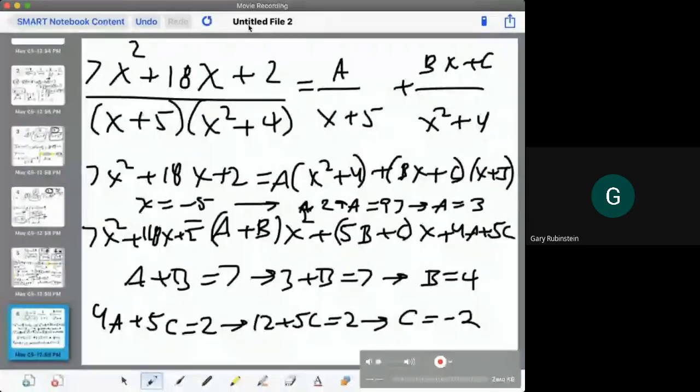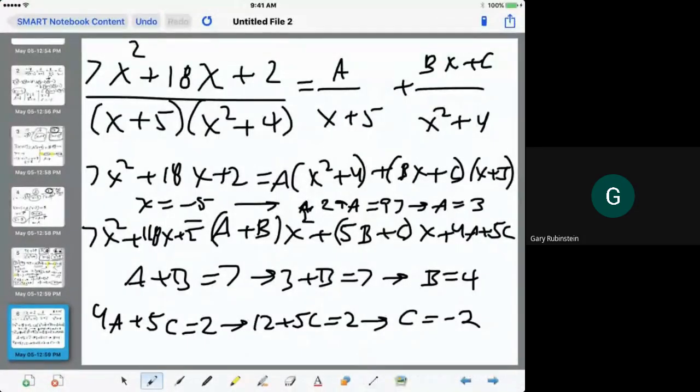And you can see here that the system of equations is A plus B equals 7, 5B plus C equals 18, and 4A plus 5C equals 2. The convenient value of negative 5 leads you to A equals 3. Then you could plug that into A plus B equals 7 to get B equals 4. And you could even use the middle equation, the one that has B and C in it, or you could use the A and C equation, which is what I did.